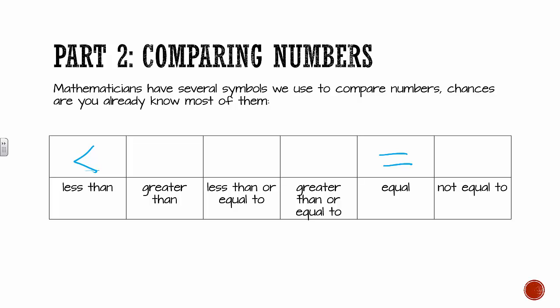Some people also say that kind of looks like an L that somebody tilted on their side. Greater than is big from left to right. Less than or equal to gives us two options. It can be smaller than or exactly the same. And then greater than or equal to is kind of the same thing, just opposite. And then not equal to, we draw an equal sign and then a line through it, saying these two things are not equal.